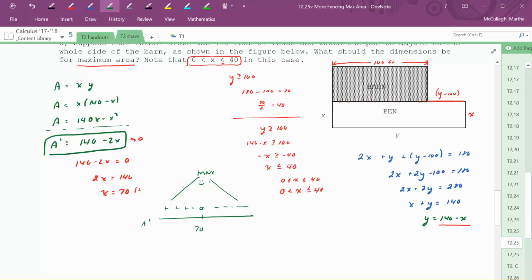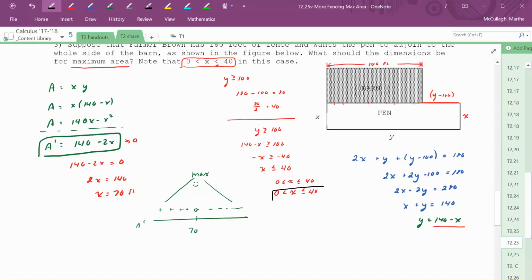But we're now told that x has to be between 0 and 40. So we come over here, and here's 0, here's 40. The higher of these two, the area when x equals 40, is as big as we're going to get.